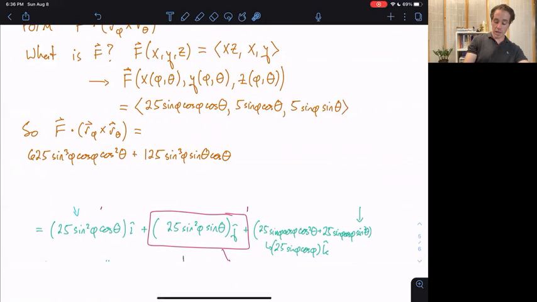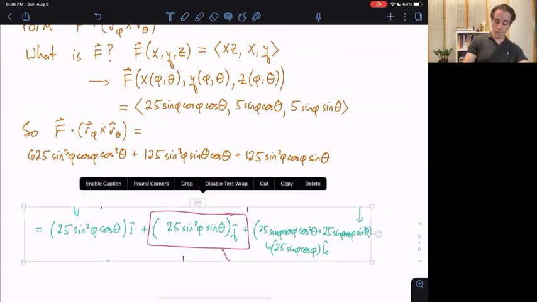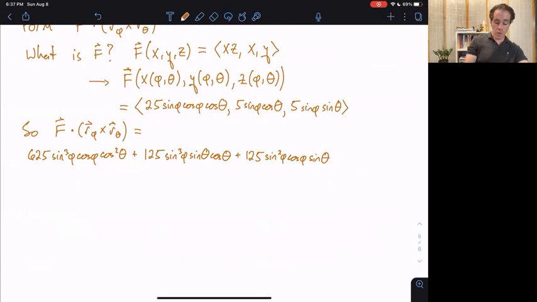This times this. And once again, 5 times 25 is 125. Sine, not cubed this time, but just squared. Sine squared phi, times cosine phi times sine theta. Okay, that guy can go away now.